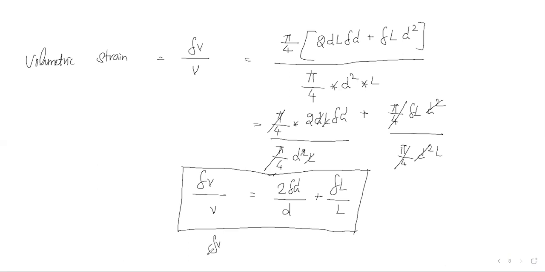So del V by V is equal to 2 into E1 plus E2. So this is another equation which is used to find out the volumetric strain. Now substituting these E1 and E2 values, so that we can calculate the change in volume.